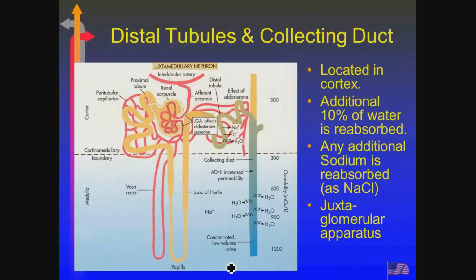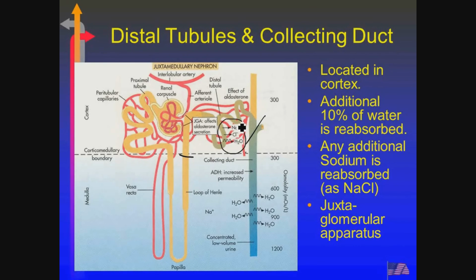Okay. Finally, then, we have the last bit of water that is reabsorbed. And this is back into the cortex now, so we've crossed back over that boundary, and we're back up into this final bit here. And this is really where any sodium that has not been reabsorbed now is reabsorbed, along with some other ions.